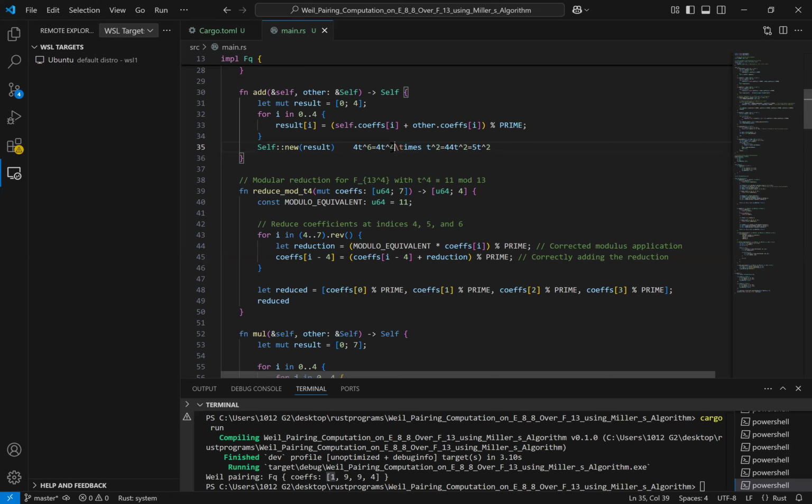The t raised to 4 has been computed to be 11, and t squared remains as t squared. Then 11 times 4 is 44, which is reduced to 5 mod 13. That is what I meant by exponents splitting; that is what the code is doing.